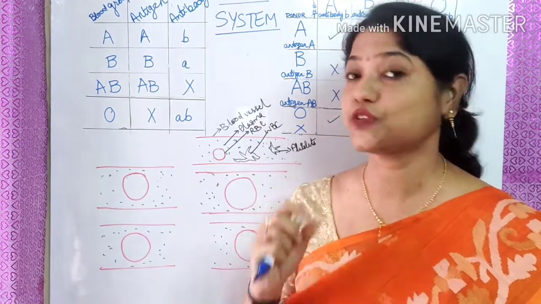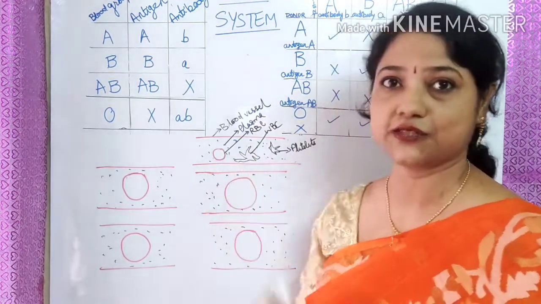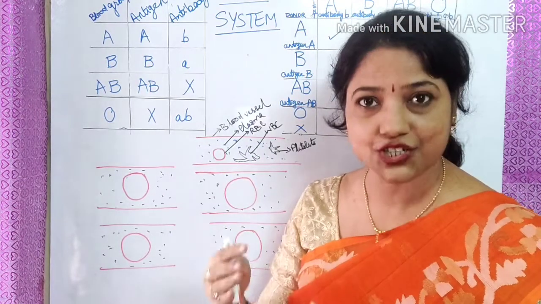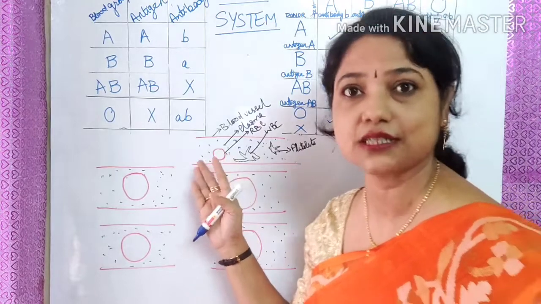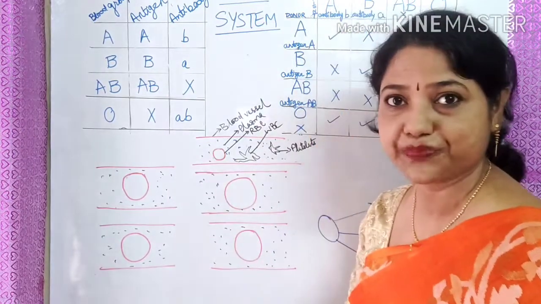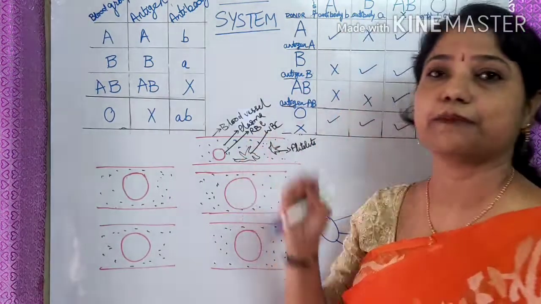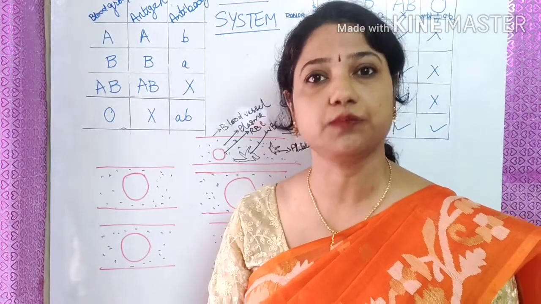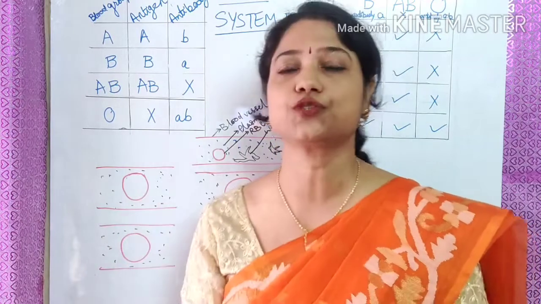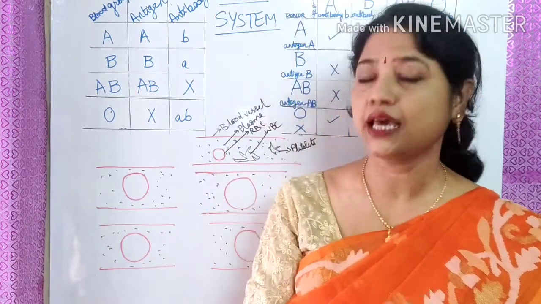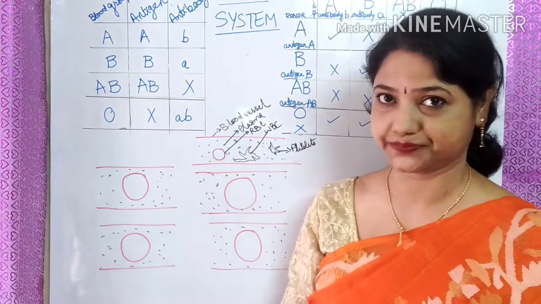Now these proteins in the plasma are called antibodies. They are also of two types, antibody A and antibody B.